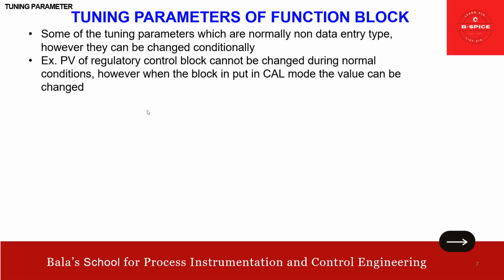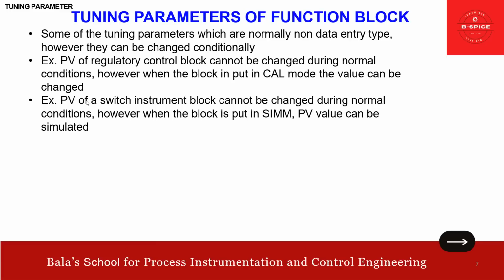PV, the process variable of a regulatory control block, cannot be changed during normal condition. However, when the block is put in cal mode, the value can be changed. You would have heard in the control room, put it in cal mode, right? Yes, you can do that.